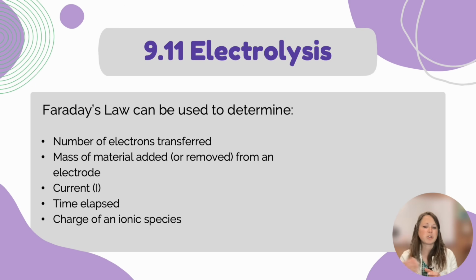So when it comes to electrolysis, we can use Faraday's law to determine any of these things. It's just a matter of making sure that we are canceling things out correctly. We're using the constants, making sure those units are accurate. And the really nice thing is you have unit conversions now listed. So the last two in that center column are going to be related to these types of conversions. So use those, rely on those units to get from point A to point B.